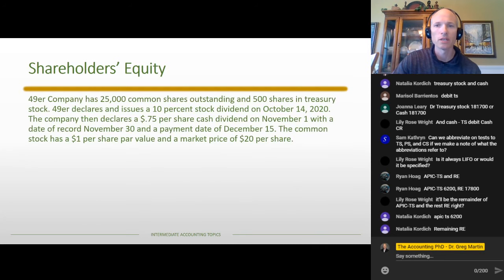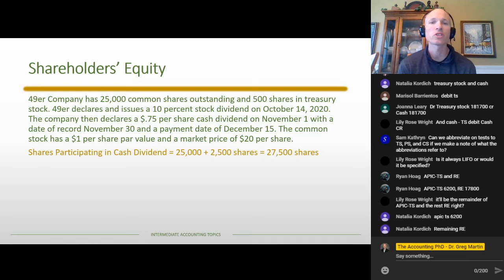The next step then is to walk through the cash dividends. And so the first thing we have to figure out is what shares are participating in the cash dividend. Much like the small stock dividend, only shares outstanding participate in the cash dividend. So we have the original 25,000 shares plus the 2,500 that we just issued, for a total of 27,500 shares.